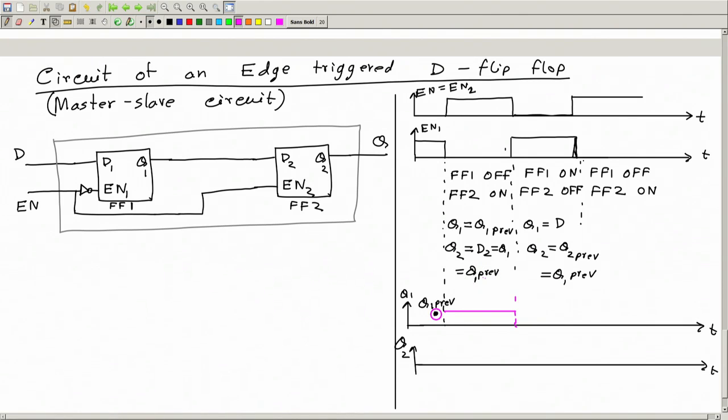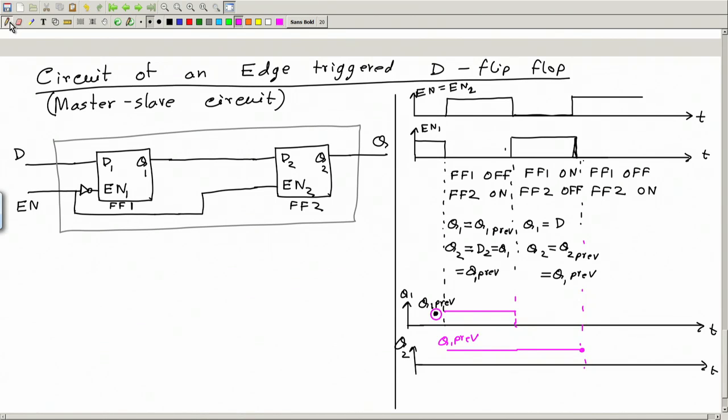Q2 is Q1 previous here, and here also this is equal to Q1 previous, up to this moment. So up to this moment, this is constant. It's not changing. Okay, now after this, what happens?